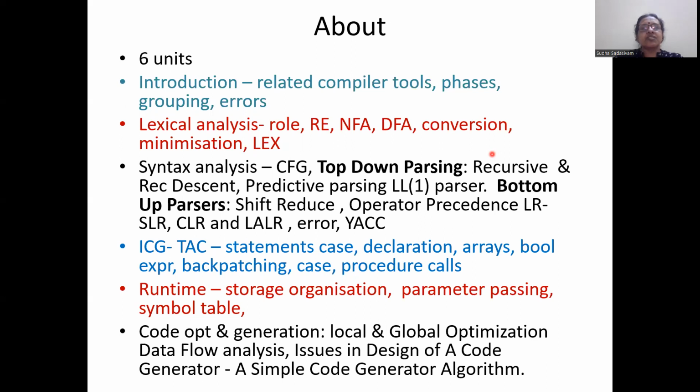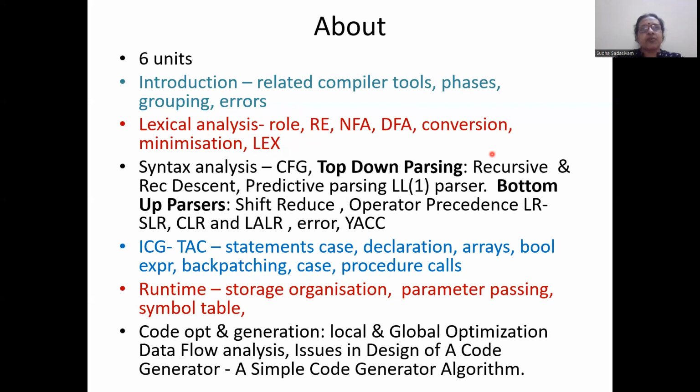Basically, the course is organized into 6 units. The first unit is an introduction unit, which discusses on the tools that can be used for the process of compilation, the various phases which are involved in the compiler analysis, how the phases can be grouped together, and what are the errors which are encountered in different phases of compilation.